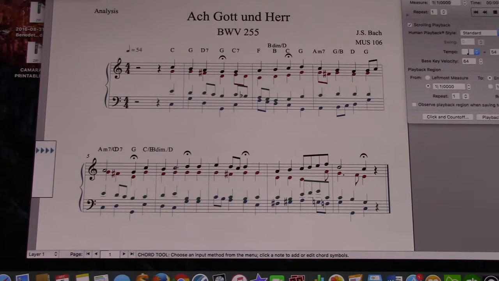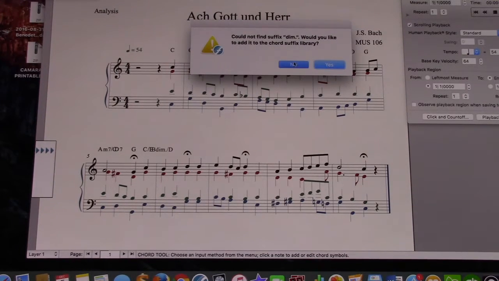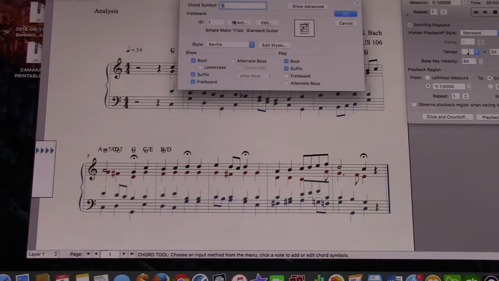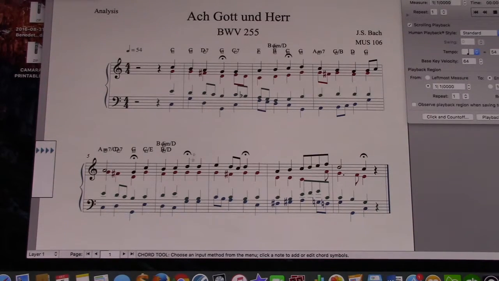Next chord, whoops, it wouldn't let me do that. Did you see that? All right. So what I'm going to do is call it a B diminished, which it doesn't like, slash D. There we go. Now we're going to go to G major again.